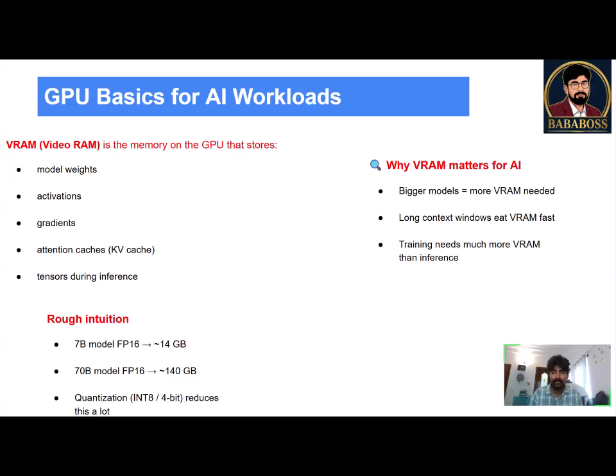If your model has 7 billion parameters, approximately you need 40 GB VRAM. If it's 70 billion, then 140 GB VRAM. And it varies if you quantize your model. If you quantize a 7 billion model with 8-bit precision, then you need around half of that, around 8 GB of VRAM.